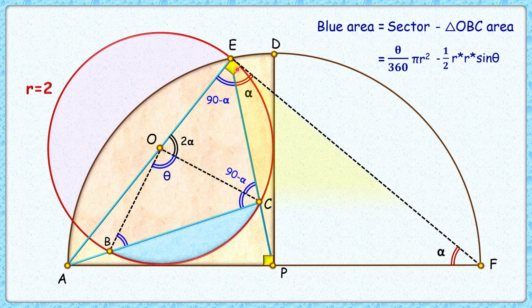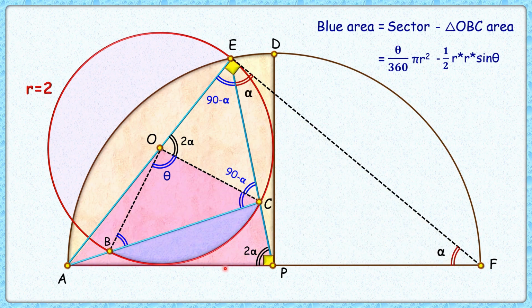Now in this yellow triangle, if you look carefully, this angle is an exterior angle, and an exterior angle is always equal to the sum of the interior opposite angles. So this angle here is 2 alpha degrees. Now you must be amazed what we are doing here. If you look carefully, the magic is happening here.